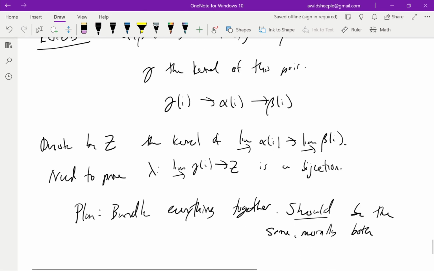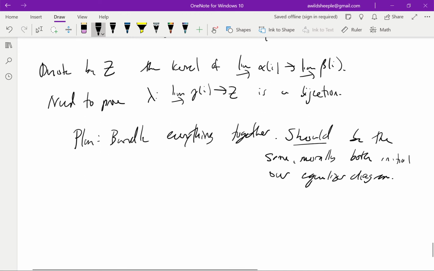Because they're both initial objects over the equalizer diagram. Okay, so now we have to make a sub-bullet rather, where we have to prove this is a bijection.